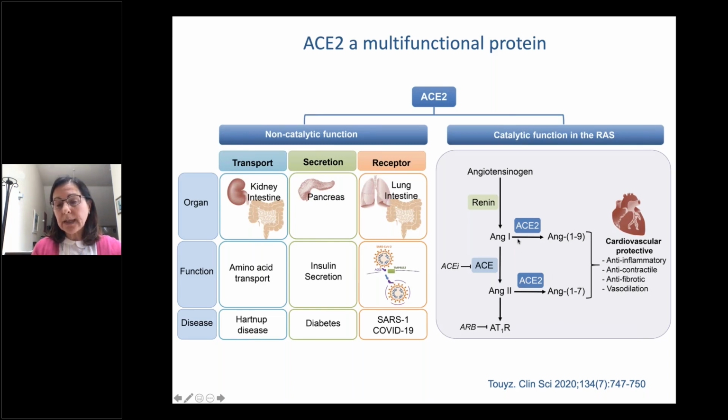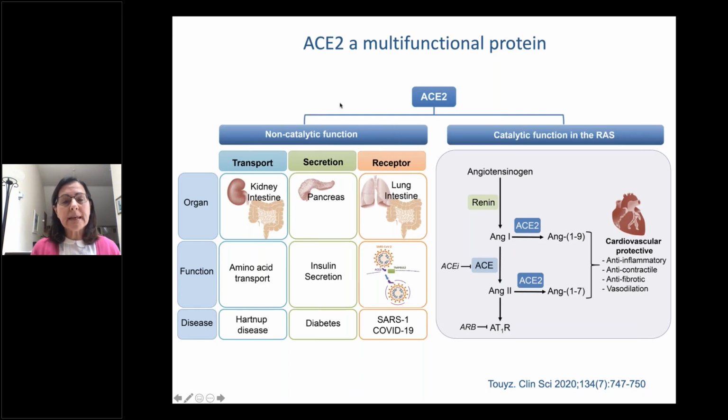We also knew that ACE2 acted as an enzyme, cleaving angiotensin 1 to angiotensin 1 to 9. And these peptide derivatives play an important role in the cardiovascular system.